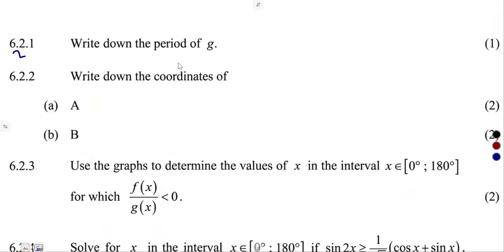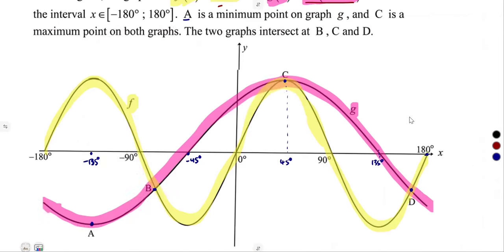6.21, determine or write down the period of G. So the period of G can be determined by looking into the graph of our G. As we know, the period is when it completes a full cycle. If we consider, it is actually completing a cycle.